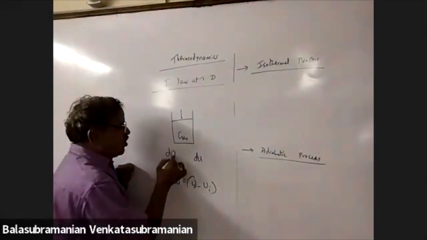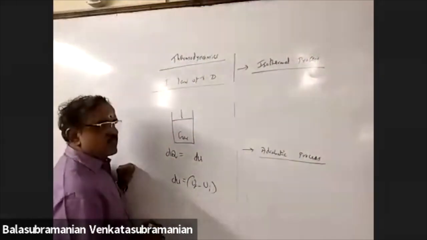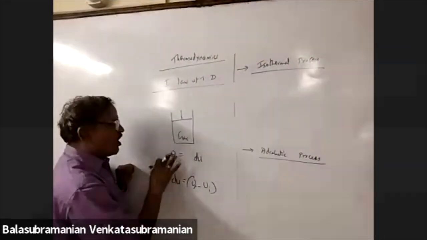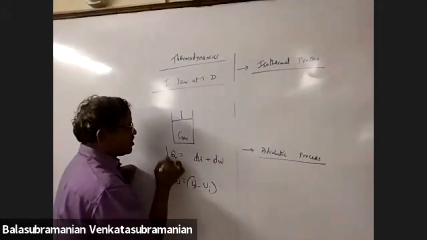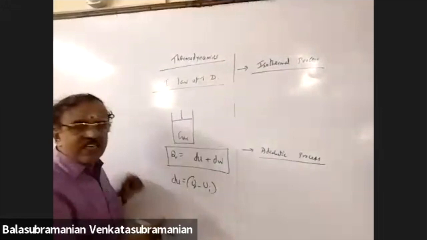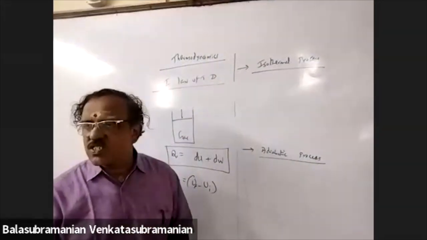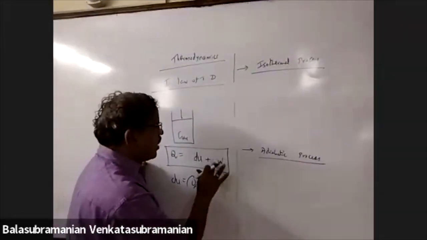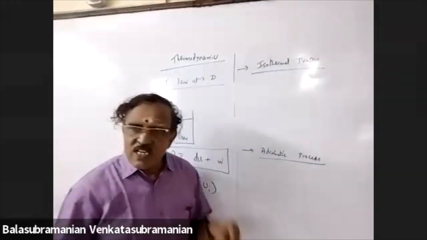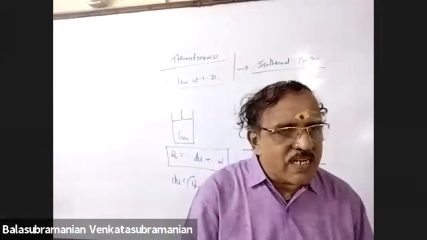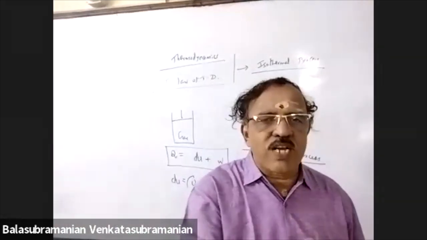The energy what you are giving, say dq or q, whatever it is, is the sum of two terms. Number one, change in internal energy of the system. Number two, work done by the system. Change in internal energy possesses both kinetic energy and potential energy of the gas molecules.